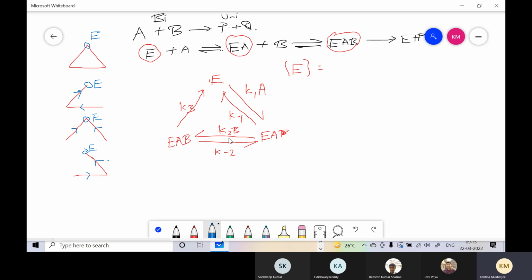Now here is K2B, K3. K2B into K3 is one method that is taken care of. What about this one? K3, K minus 1. What about this one? K minus 2, K minus 1.